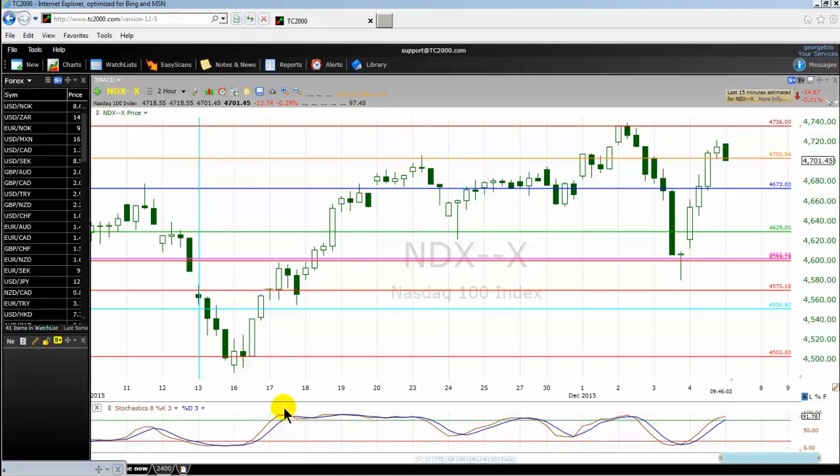As you can see in this session here, the stochastic 8-3-3 was overbought for a long time and the price is going up. And now we have here the stochastic is overbought, but that's not the reason why I'm selling.